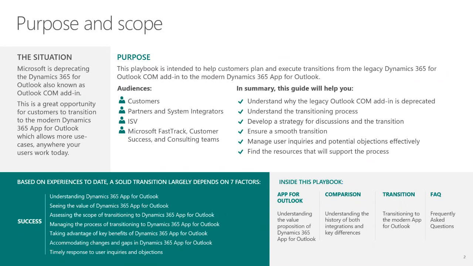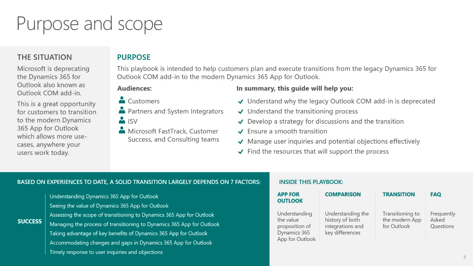This guide will help you understand why the legacy Outlook COM add-in is deprecated, understand the transitioning process, develop a strategy for discussions and the transition, and ensure a smooth transition in terms of project but also change management with your users. It will also help you manage inquiries and potential objections effectively with an FAQ that we'll discuss at the end of this presentation, and provide pointers so that you can find the resources that will support the process.